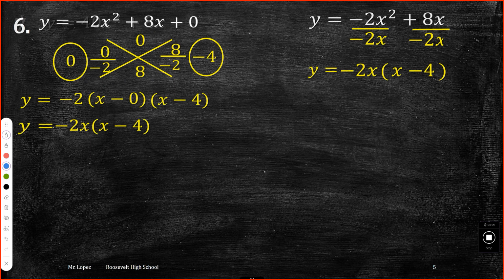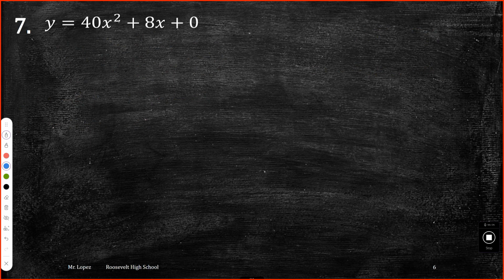We're not going to do it that way. Don't even worry about that plus 0 because we're not going to do it that way. All right, so we're going to do it like the second way.